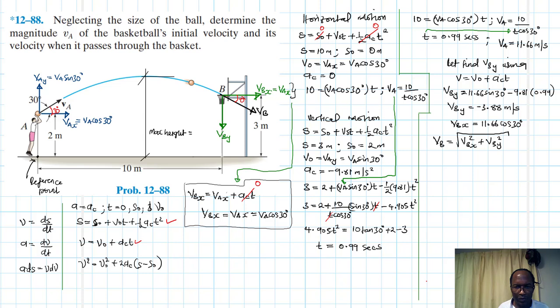Let's find VB: 11.66 cos 30 squared plus 3.88 squared, square root of that. So we have VB equal to 10.82 meters per second.